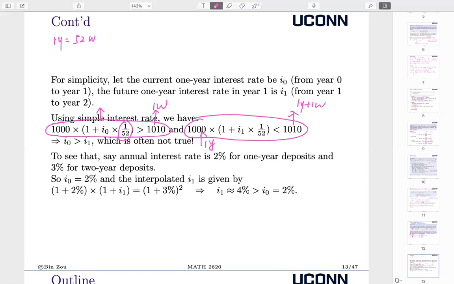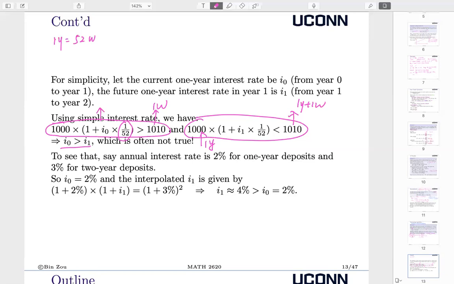In order to match them at the same time, I need to multiply by the corresponding interest, to accumulate to 1 year plus 1 week. From those two results, we easily see that the current 1 year interest rate should be greater than the interest rate in 1 year, which is often not the case.